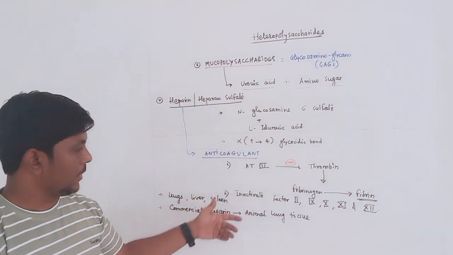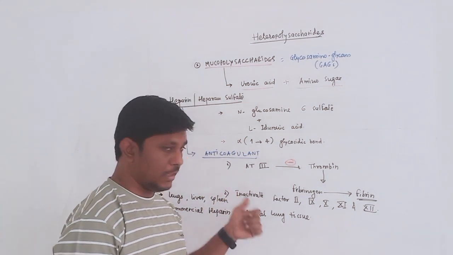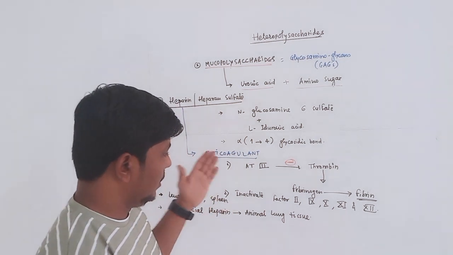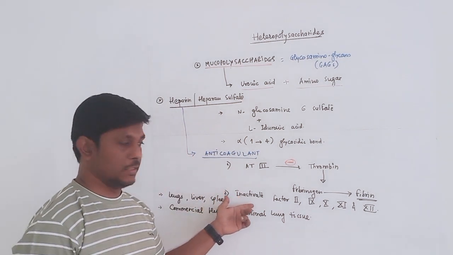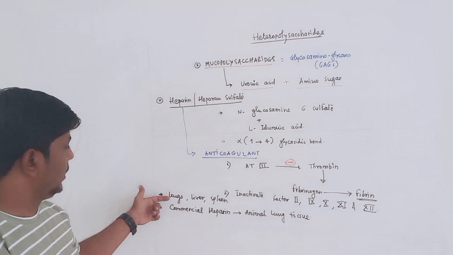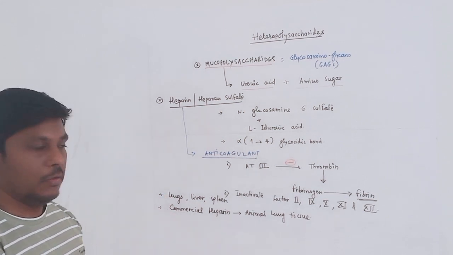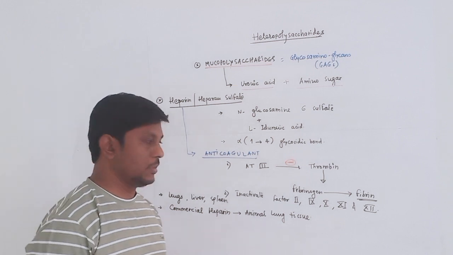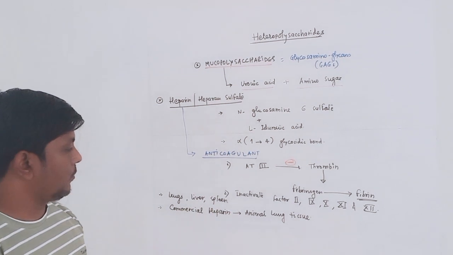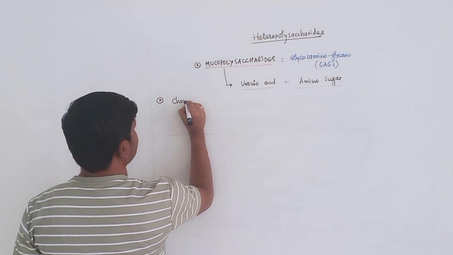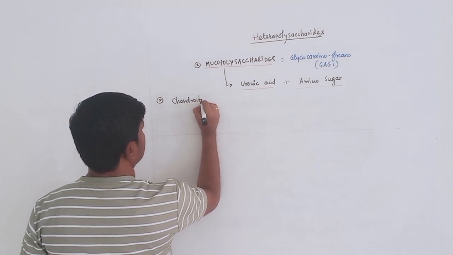It also inactivates factor 2, 9, 10, 11, and 12, and so it prevents the formation of clot. This is found in lungs, liver, spleen, and monocytes. And the commercial heparin, which we use for medicinal purposes in day-to-day life, is obtained from animal lung. Now we'll see chondroitin sulfate.